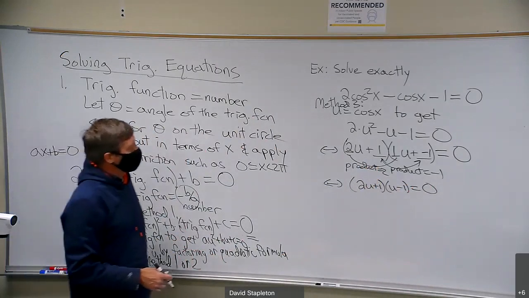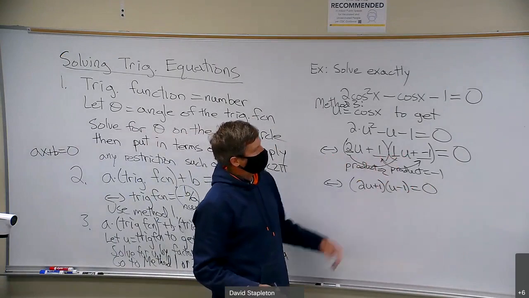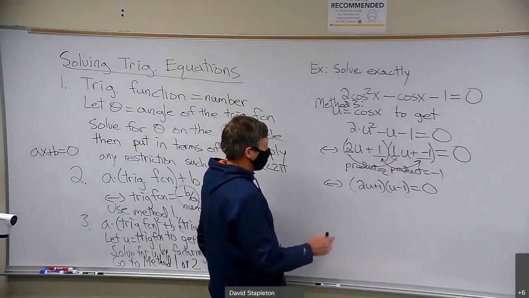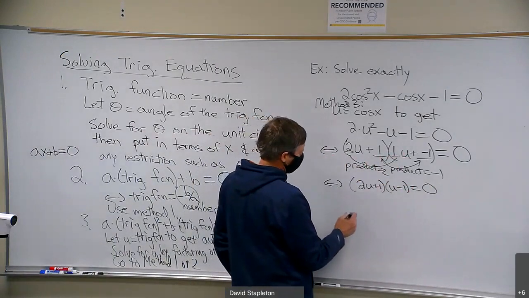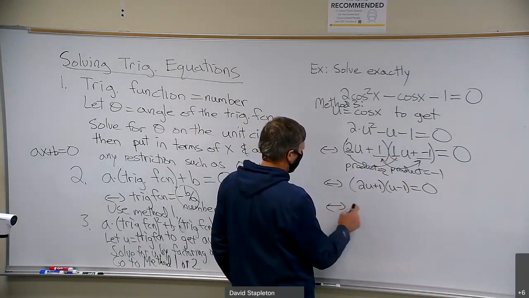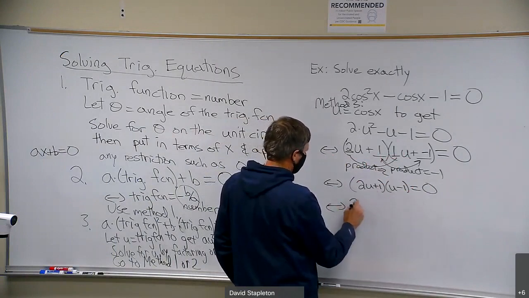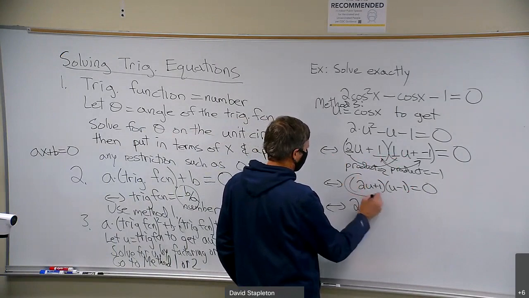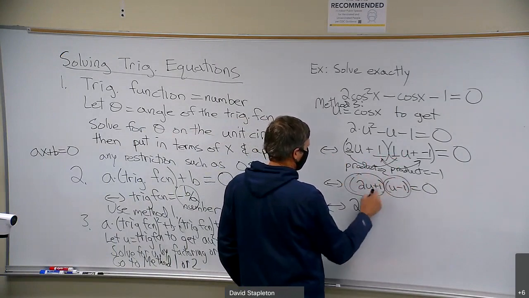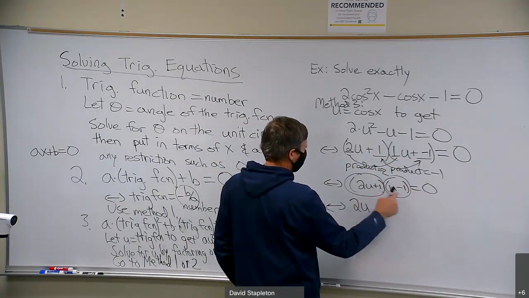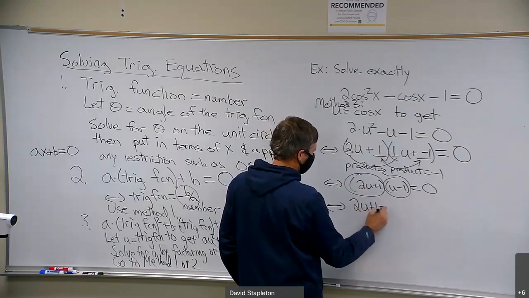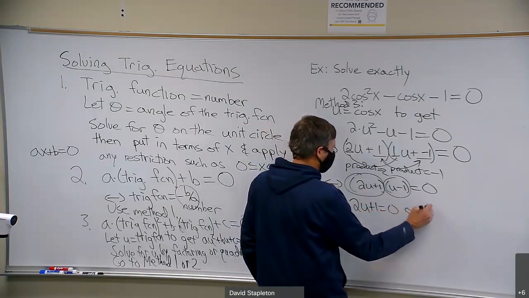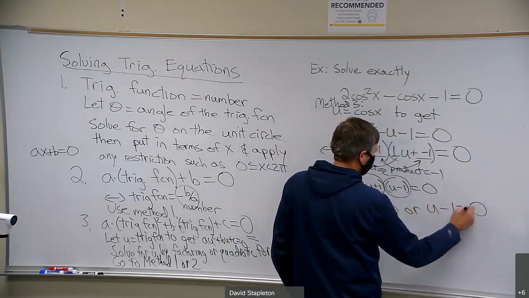But when factoring works, a lot of times you can guess what goes in the blanks really quickly. Now, the zero product property, right? If this product is 0, then either the first factor is 0, this thing, or this other factor is 0. The product is 0, at least one of these is 0. 2u plus 1 equals 0, or u minus 1 equals 0.